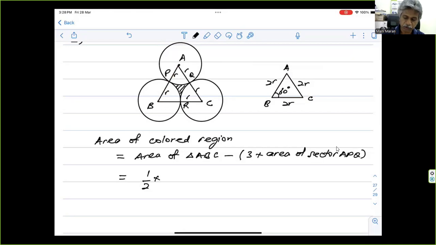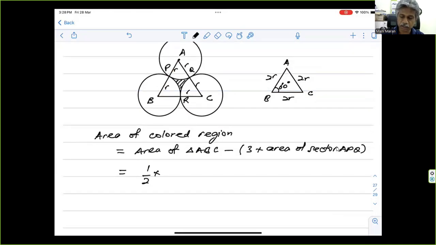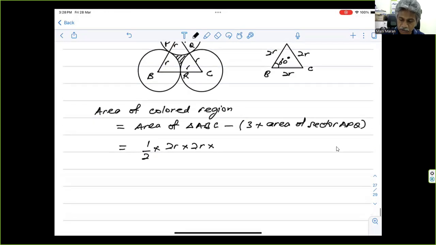Okay, so area of triangle, remember, half AB sine C. So half, AB, A will be 2R, B also 2R, times sine C. Sine C will be sine of 60 degrees.